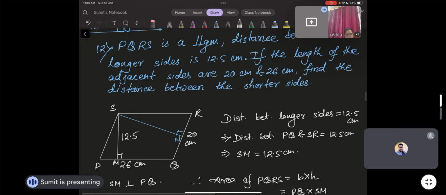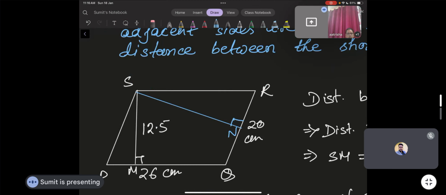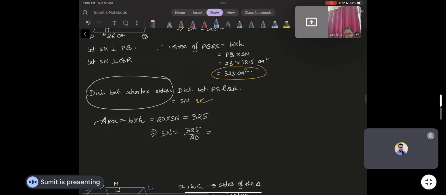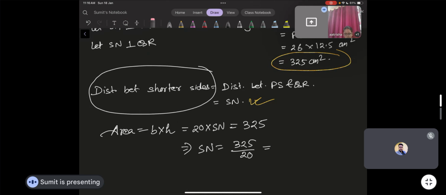Yes, I took it as SN because from this vertex, what are the shorter sides? PS and QR. These are the shorter sides. If you want to find the height, drop a perpendicular from one of the vertices onto the other side. The distance between them I have taken as SN. And you can take the height as H or X, you can take SN as X, okay? Then we will write 20 into SN, with SN as X, so I will write X over here, and then we will get the value of X as 325 by 20.